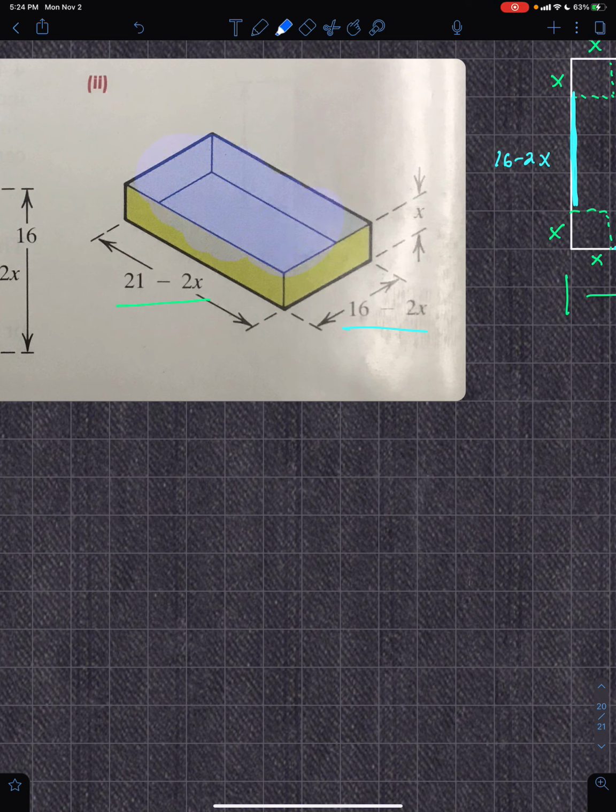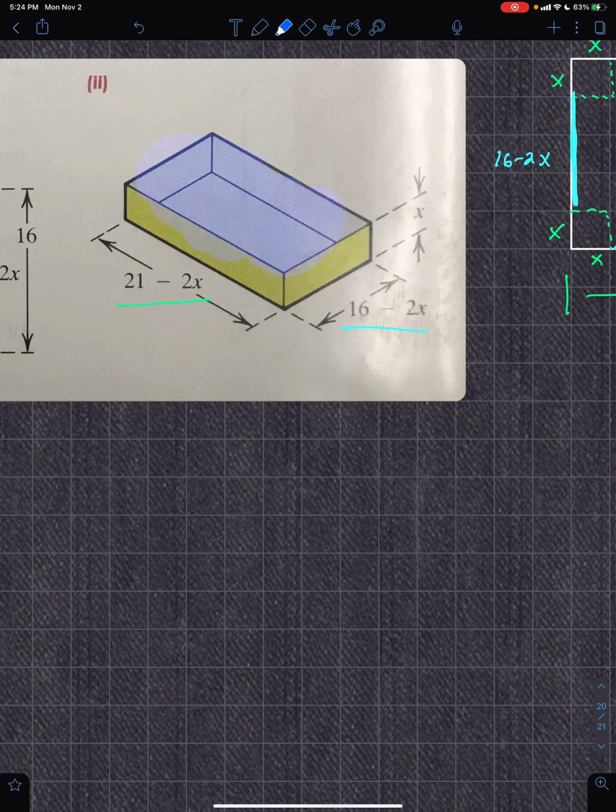Volume is always length times width times height of a rectangular solid. So that's the relationship that's given. Now you have to write the length times width times height in terms of your dimensions below. We have everything but really the height there, which we talked about.